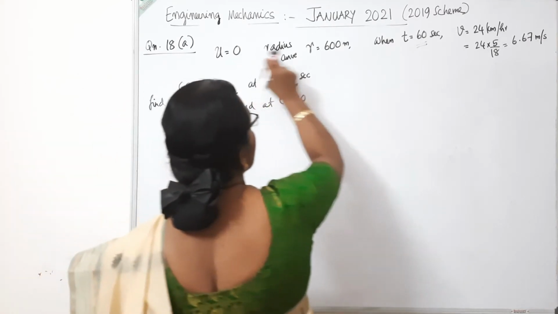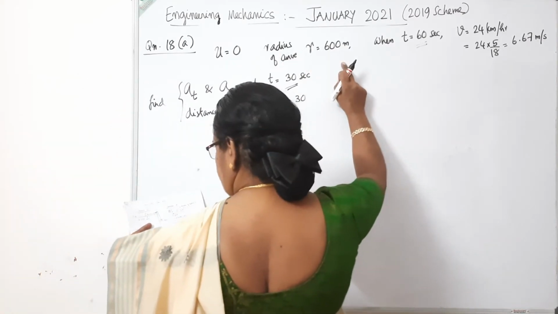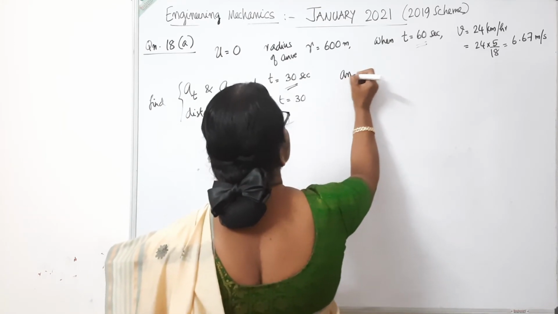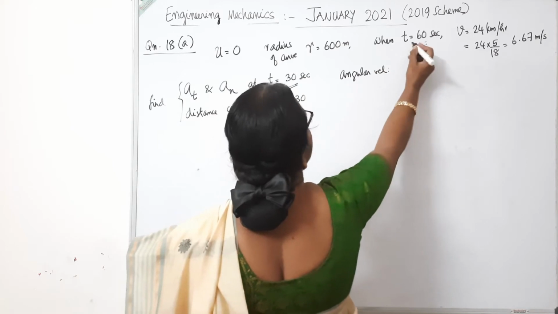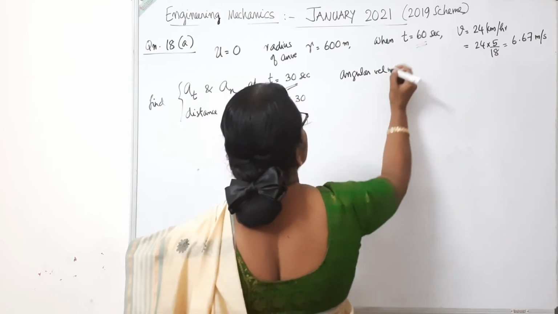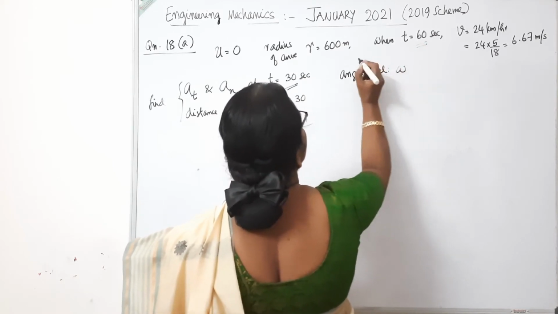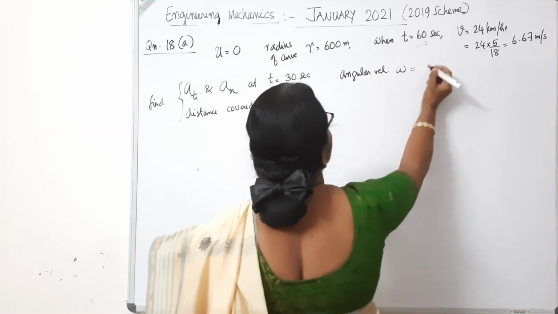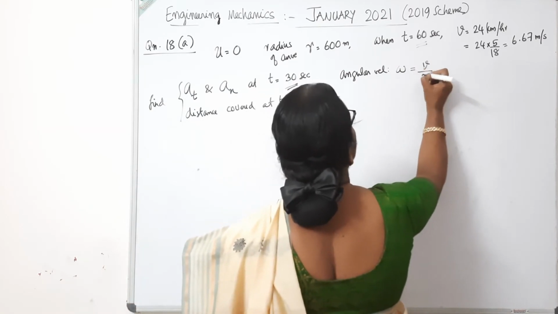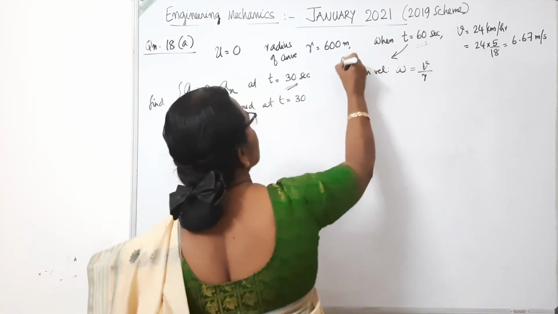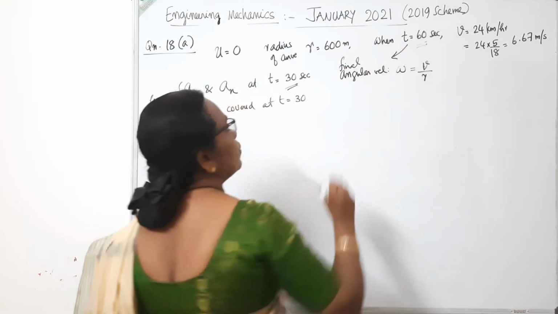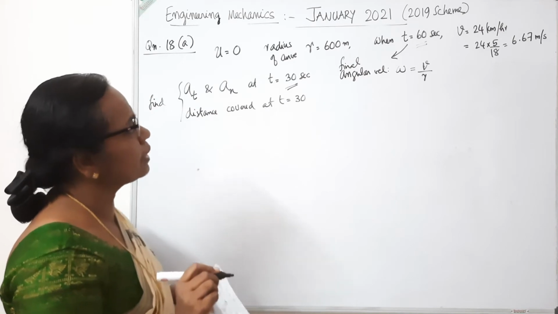Initial velocity is 0. Now let us find out the angular velocity. At t is equal to 60 seconds, the final angular velocity omega is equal to v by r.